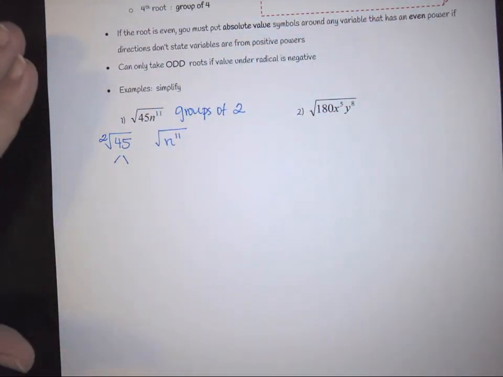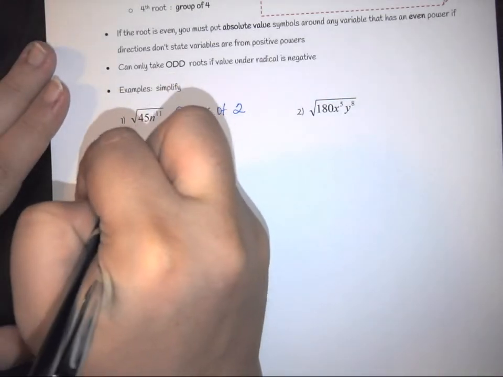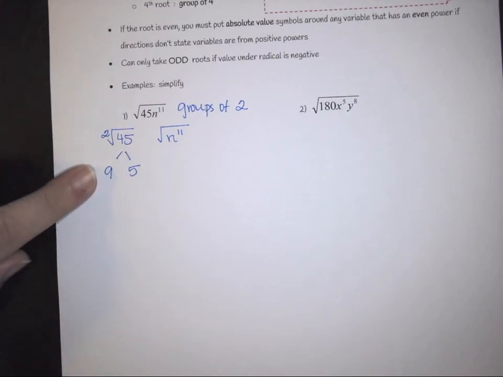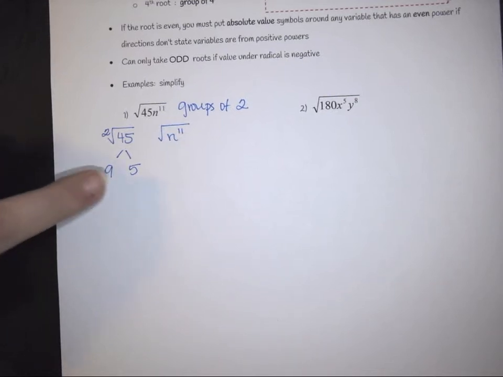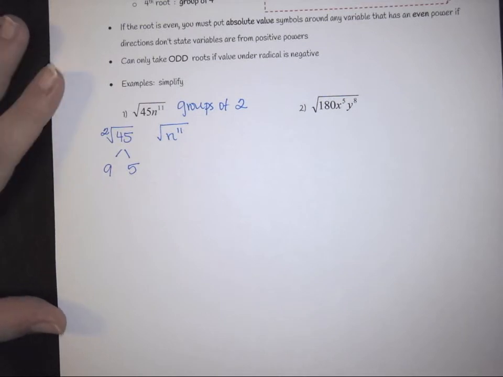So when I think of 45, the first thing I think of is 9 and 5. Well, if I look at this, I now have a group of 2, but my two terms are different. So I have to look at each individual term and ask myself, can I break this down even further?